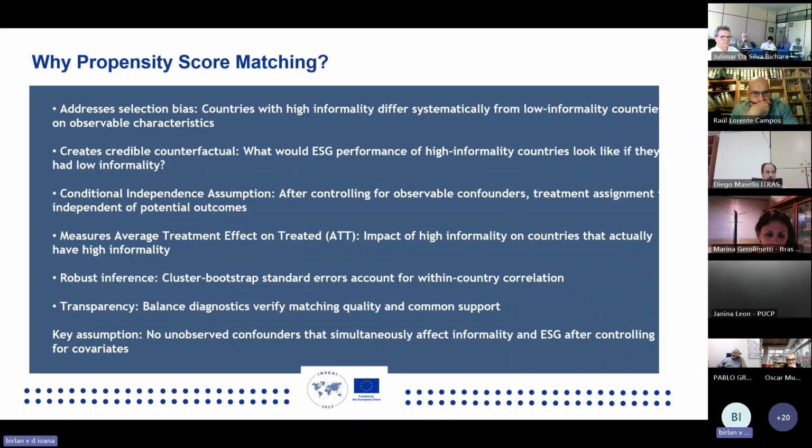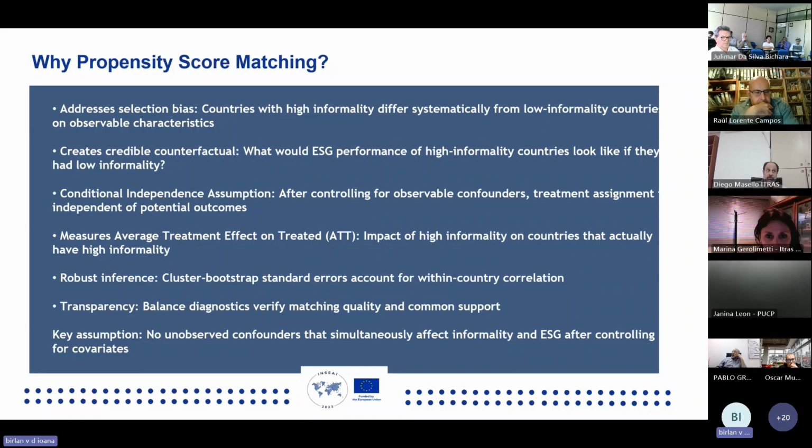Propensity score matching addresses selection bias. So countries with high informality may differ systematically from low informality countries. It creates credible counterfactuals. So our key question is, what would the ESG performance of high informality countries look like if they had low informality? So we are not comparing, let's say, Romania to Sweden or Norway.